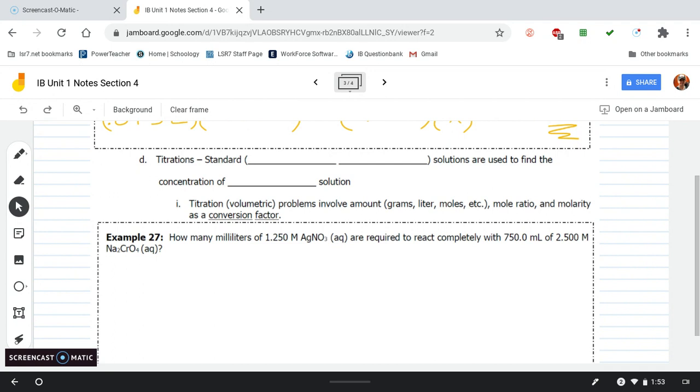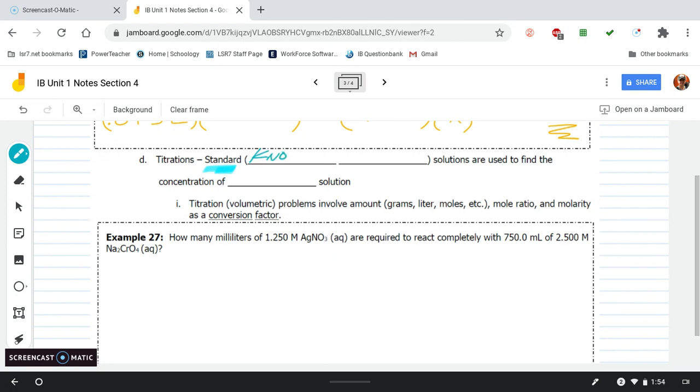A titration is when you have a chemical that you know the molarity of and you put it in a chemical that you don't know the molarity of, and you do some math to figure out what the molarity was of your mystery solution. So in our notes, it says a titration takes what we call a standard solution. And that standard solution is something that we know what it is. So like we can look up the molarity, it's on the bottle.